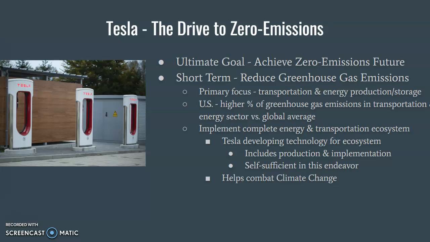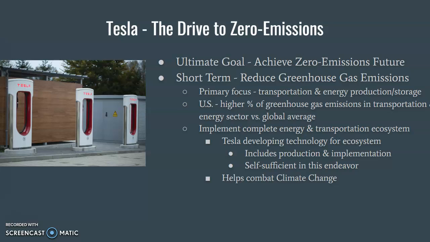In the US, we contain a higher percentage of greenhouse gas emissions in transportation and the energy sector versus anywhere else across the world. So that's something that us as a country need to focus on, and Tesla can take a few steps to combat that.